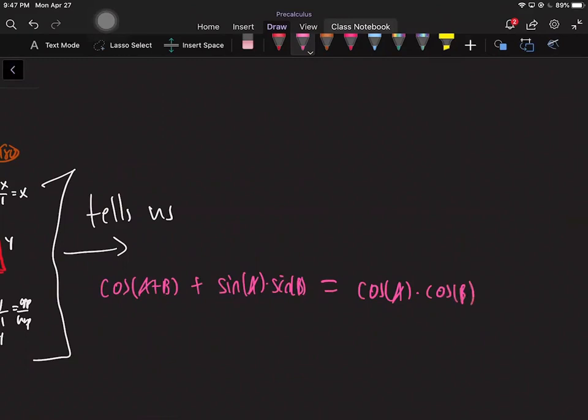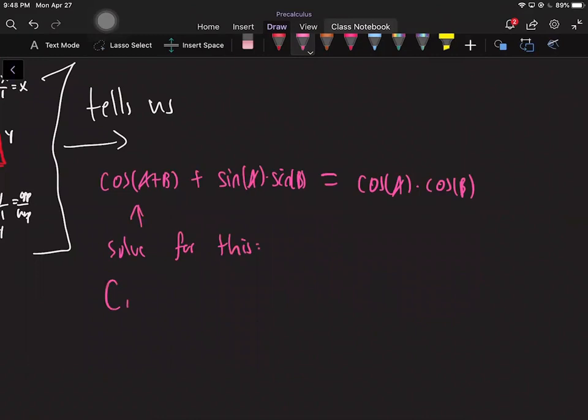And then what people do is they solve for this piece to create a new relationship. That is, you get cosine of alpha plus beta is cosine of alpha times cosine of beta minus sine alpha times sine beta.